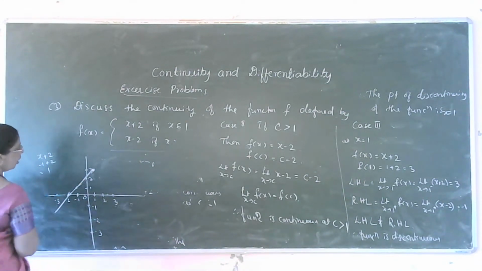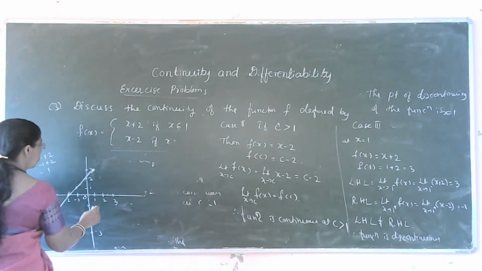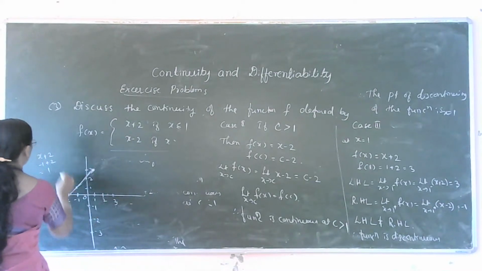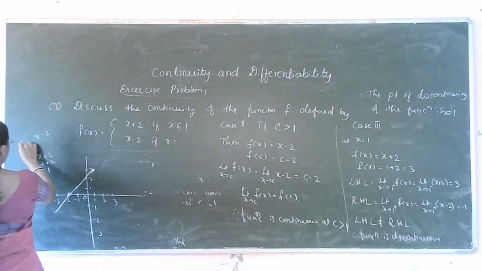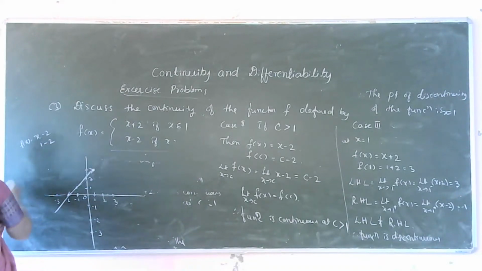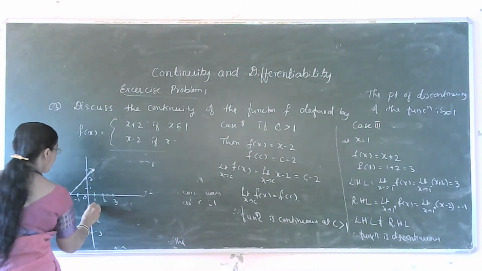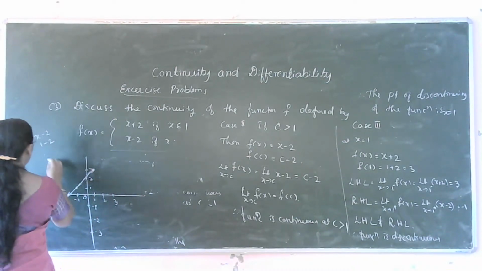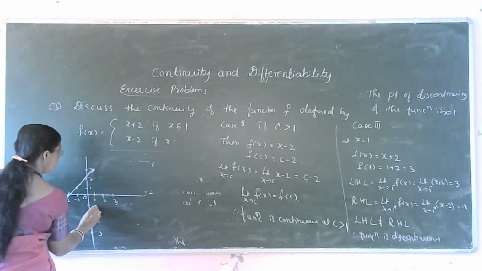The graph of the function is like this at first. Then for x greater than 1, f of x equal to x minus 2. At x near 1, 1 minus 2 is minus 1. At x equal to 2, it is 0.